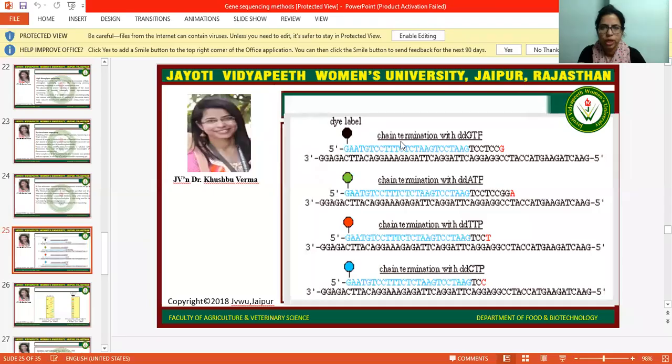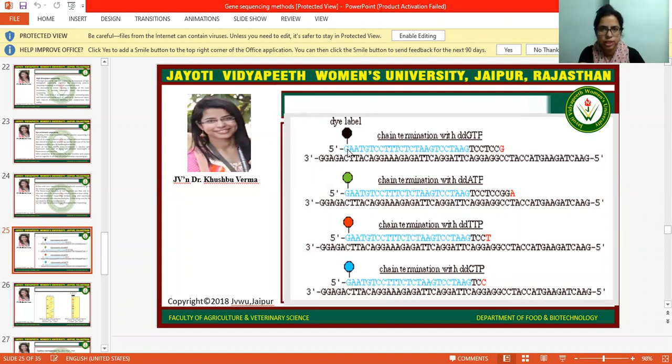You can understand this more by the diagrammatic representation. So here I am sharing the screen to help you understand dye labeling sequencing. Here you can see the chain termination with dideoxy GTP.